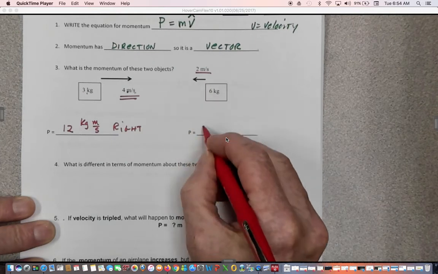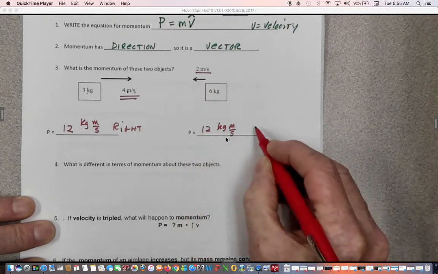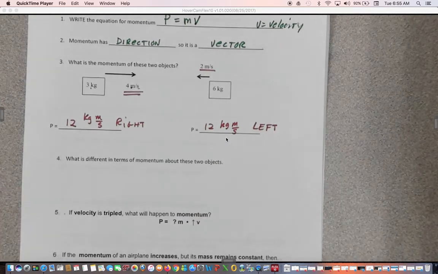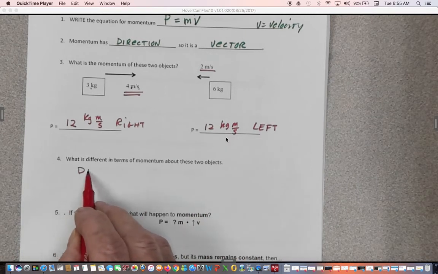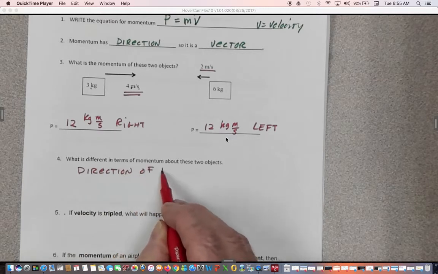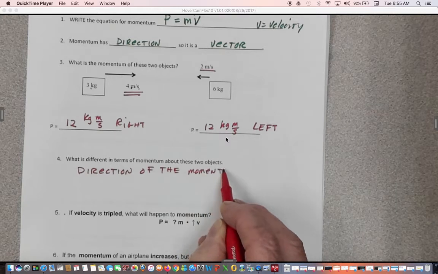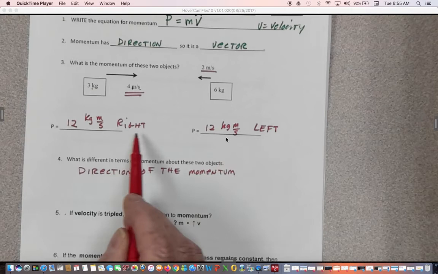But 6 times 2 is also 12 kilogram meters per second, but it is to the left. What is different about these two objects? The direction of the momentum. They're both 12, but one is to the right, one is to the left.